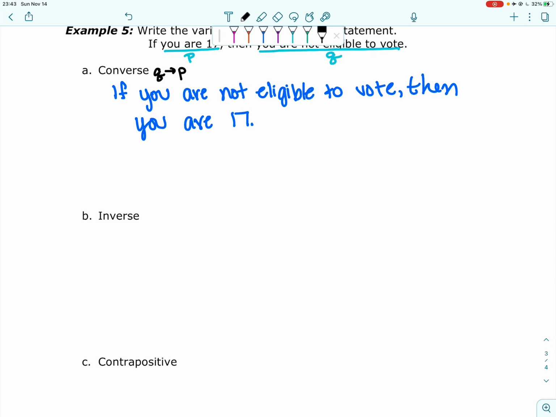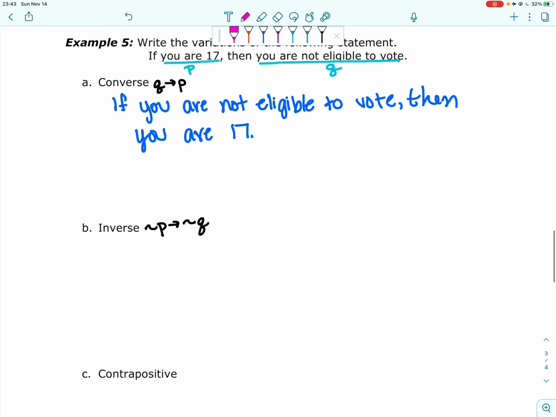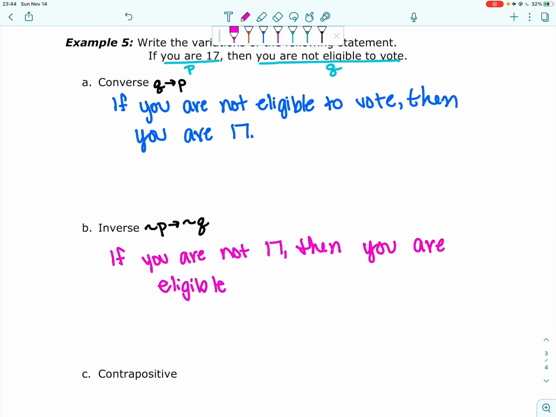The inverse, not P, then not Q. If you are not 17, then you are eligible to vote.